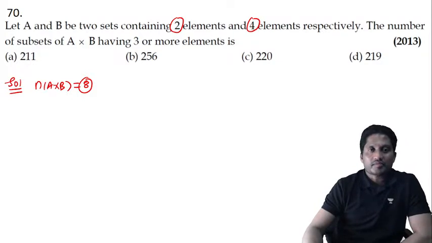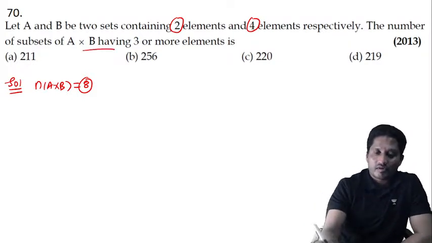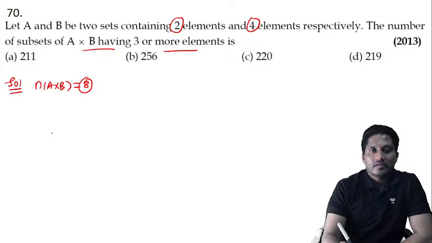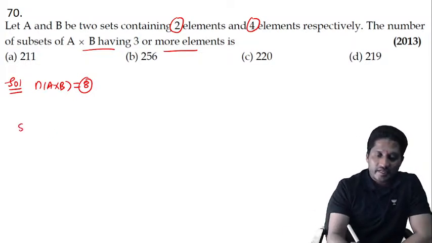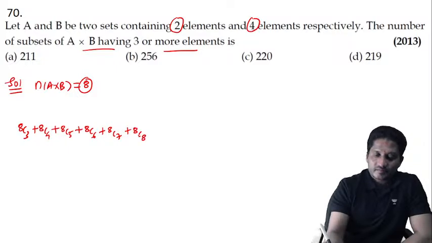Right, then the number of subsets of A cross B having 3 or more elements. So, greater than or equal to 3. So this means that 8C3 plus 8C4 plus 8C5 plus 8C6 plus 8C7 plus 8C8.